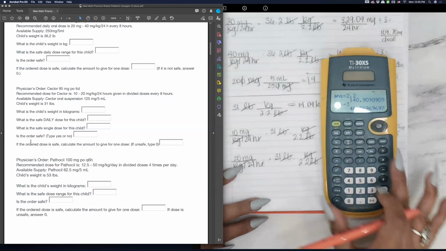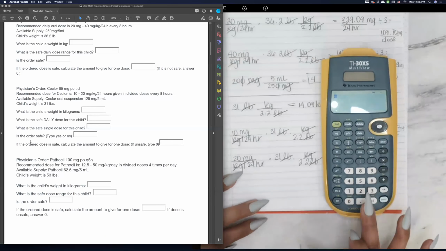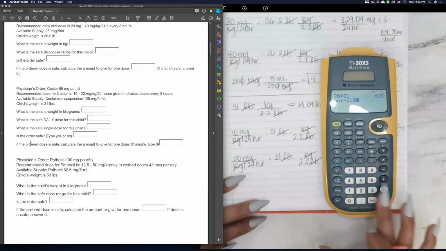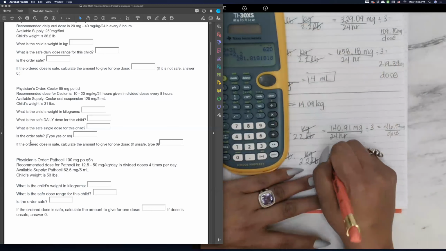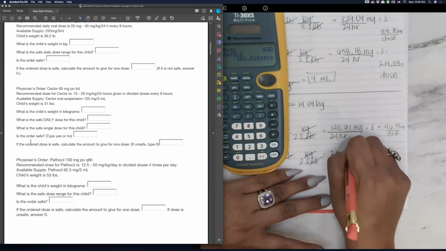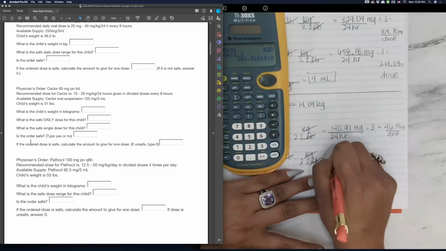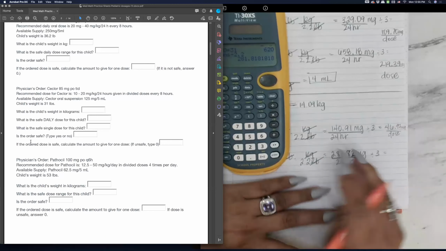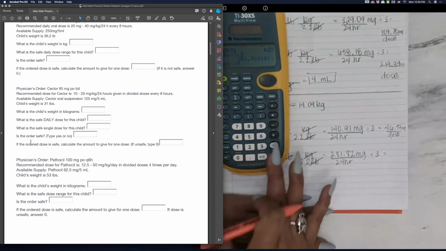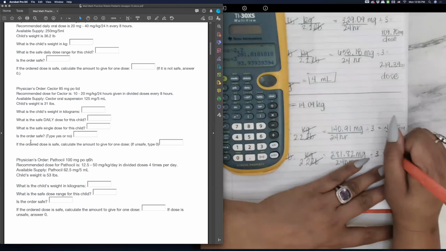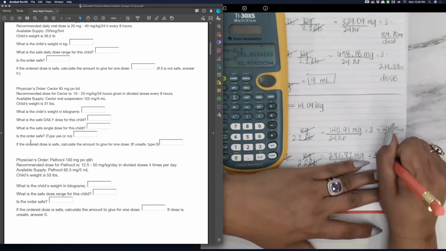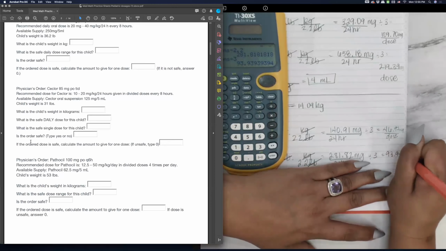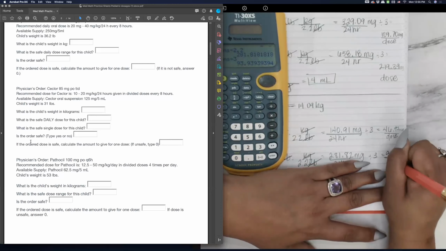Okay, and then the high end of our range is 20 times 31 divided by 2.2, which is 281.82 milligrams per 24-hour period. That's administered in 3 doses. So we divide by 3, and that's going to give us 93.94 milligrams per dose.